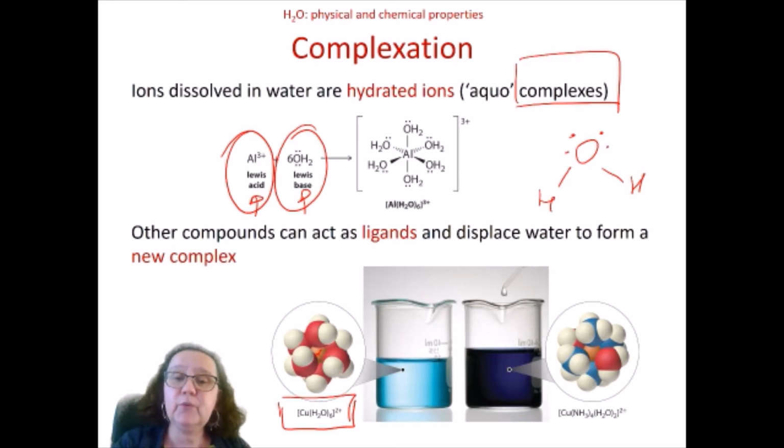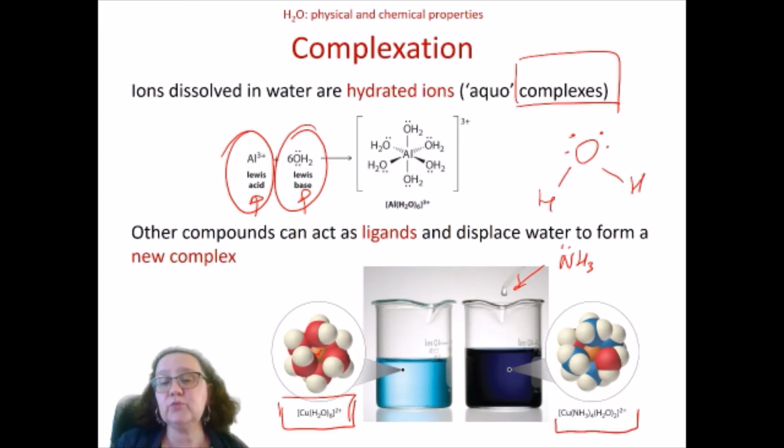Then if you add a little bit of ammonia, the ammonia, which also has electrons it can donate and can also act as a Lewis base, will displace some of those water molecules. You will have a new complex, in which the copper is surrounded by 4 molecules of ammonia and 2 molecules of water.